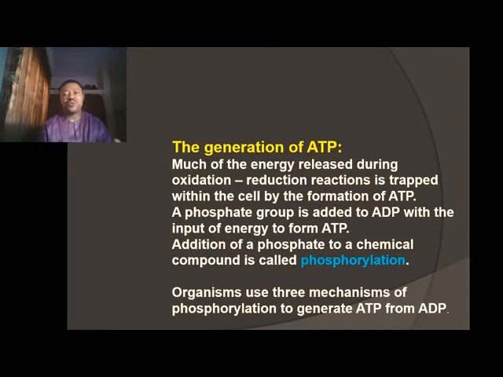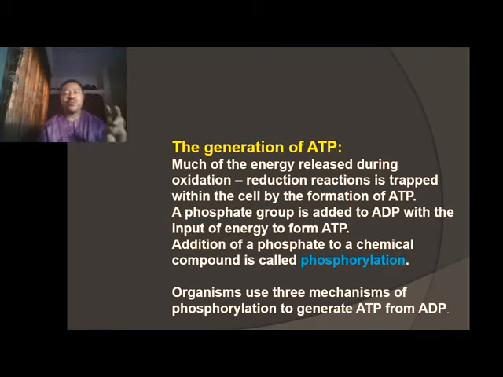A phosphate group is added to ADP with the input of energy, and this results in the formation of ATP. This process by which a phosphate group is added is usually referred to as phosphorylation. So phosphorylation by definition is the addition of a phosphate group to a chemical compound.